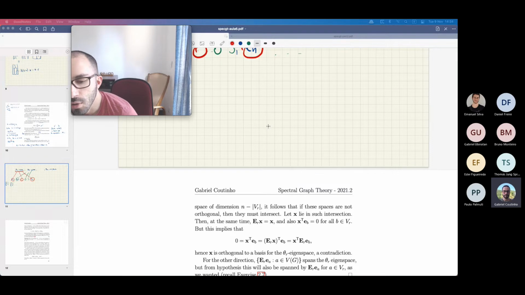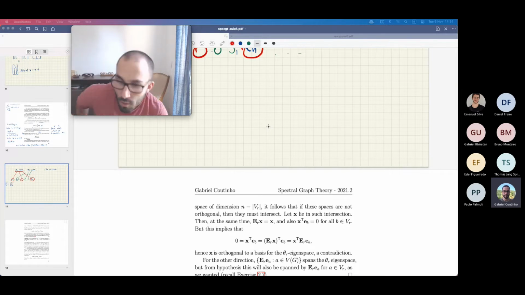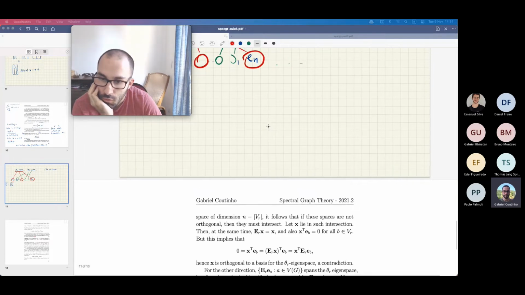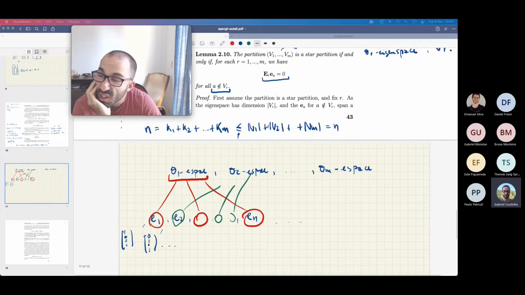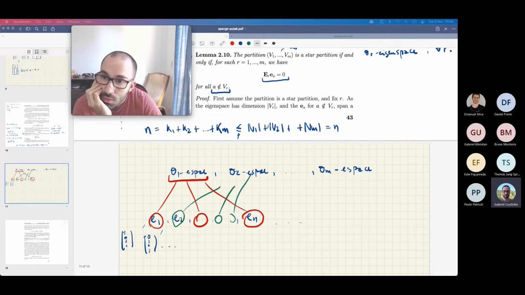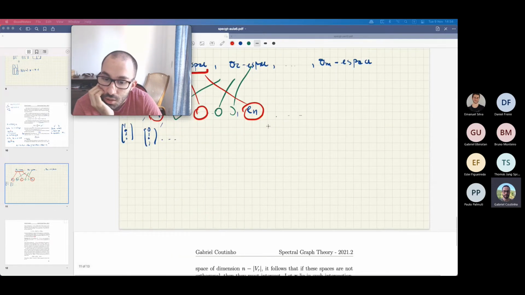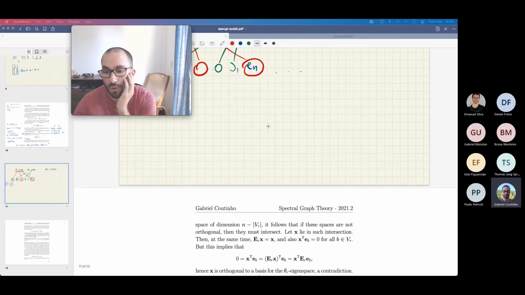The problem must be here. Yes, this is the problem. The sentence is wrong.